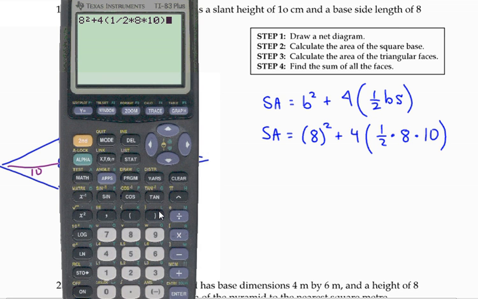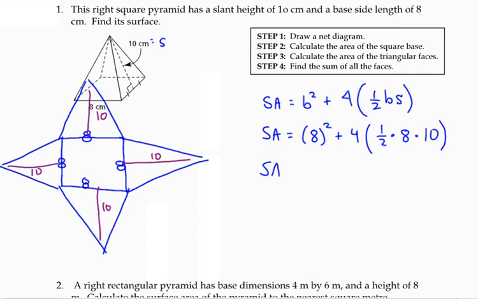You could also use a times symbol instead of brackets. When you're getting this down, you should be writing your notes down. One divided by 2. The answer is 224. Now what's the units going to be?